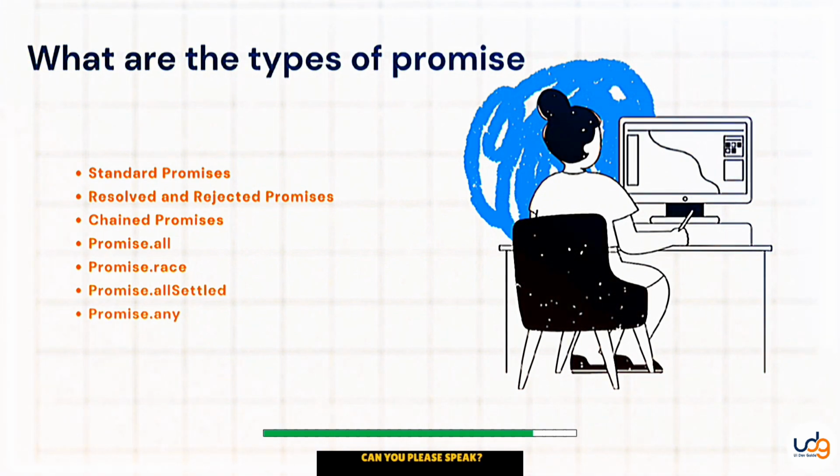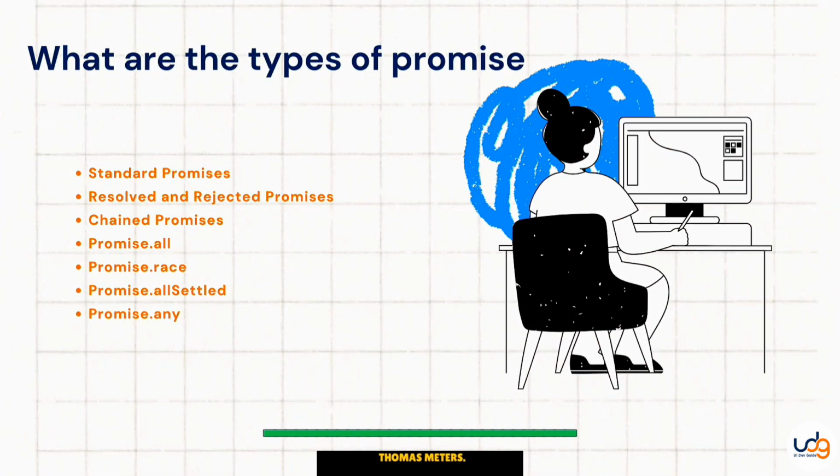Can you please repeat what that is? You just write down the promise methods. What are the types of promise we have? You will get everything. You can check the methods on the JavaScript info website or JavaScript MDN. You will get everything there on a single page. Okay, sir. Promise methods.